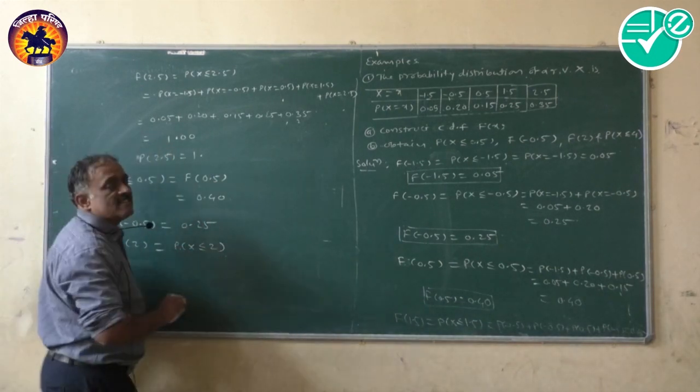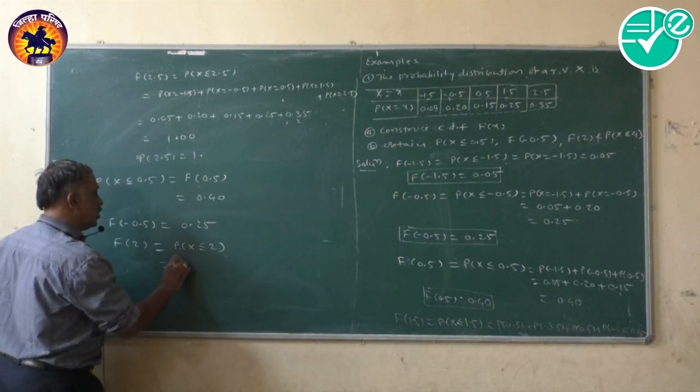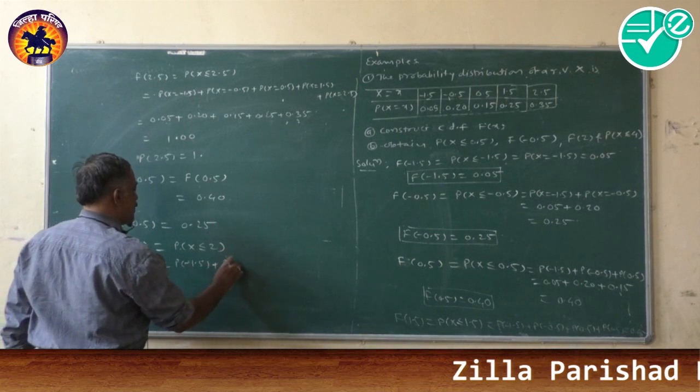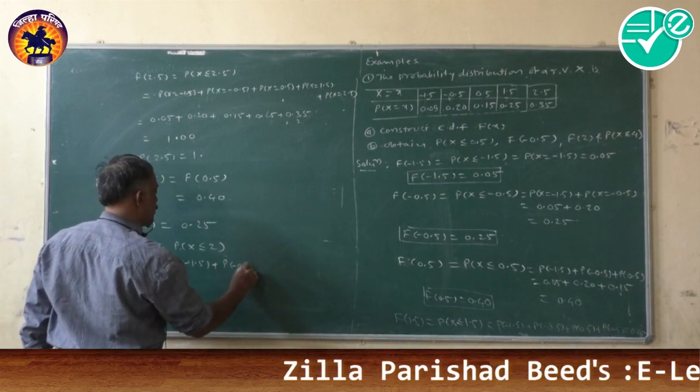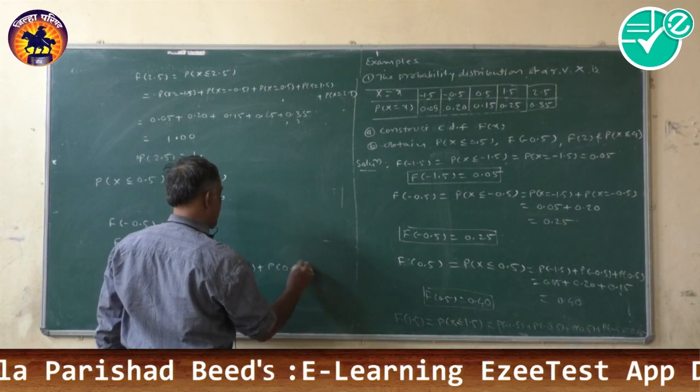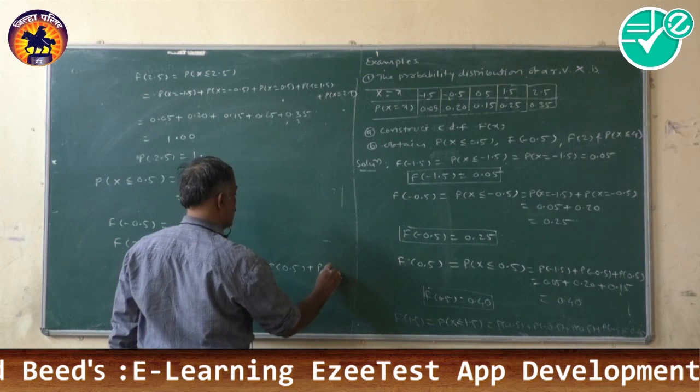So the probability that x is less than or equal to 2 is exactly equal to the probability at minus 1.5 plus the probability at minus 0.5 plus the probability at 0.5 plus the probability at 1.5.